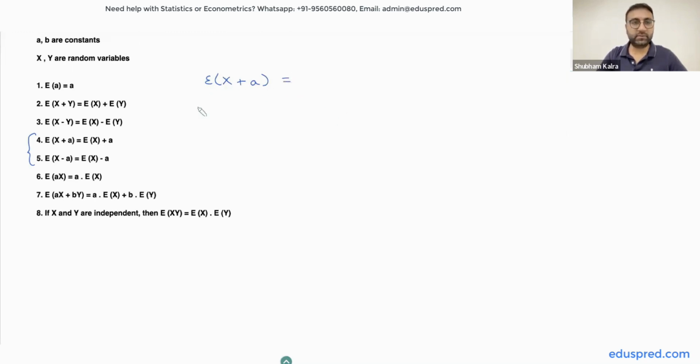Using the splitting mechanism that we discussed in the last two properties, this can be written as the expected value of the first term, which is expected value of x, and we have a plus sign, so I'm going to put a plus over here. And then it is the expected value of the second term, which is expected value of a. Now from the first property, we know that expected value of a is equal to a. So this can be written as expected value of x plus a. So this is your property number 4.